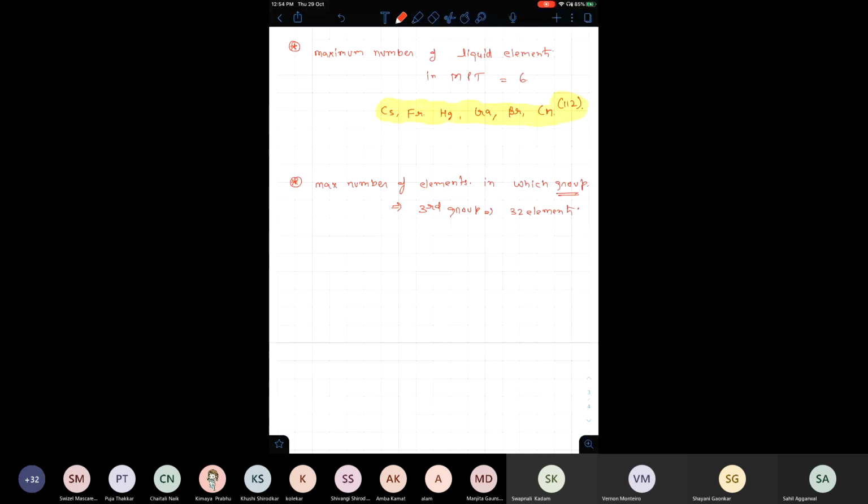This we have discussed also. Scandium, yttrium, lanthanum, actinium, 14 4f, 14 5f.